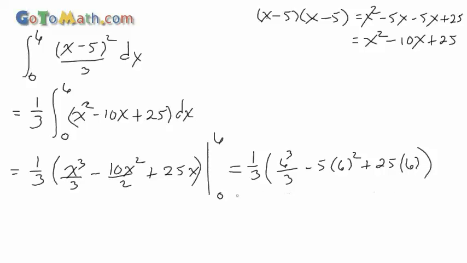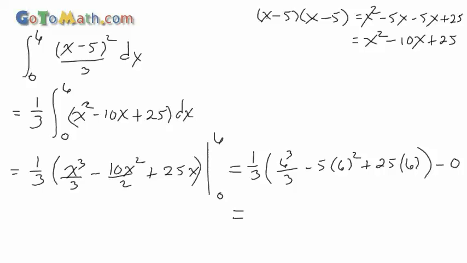Remember now, it's an exact value. Minus the lower bound, but when we plug 0 in, you get 0, 0, and 0. Canceled everybody out.